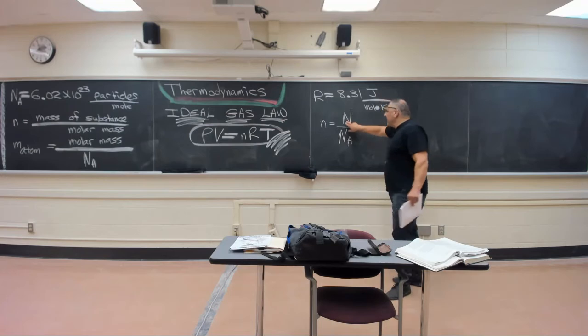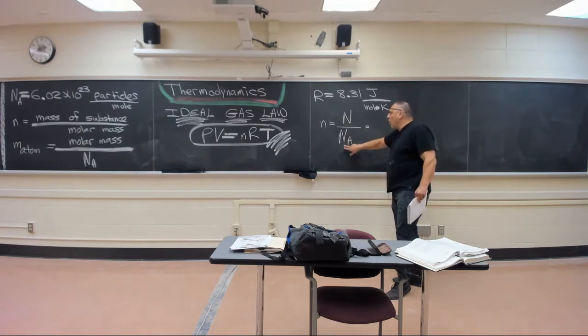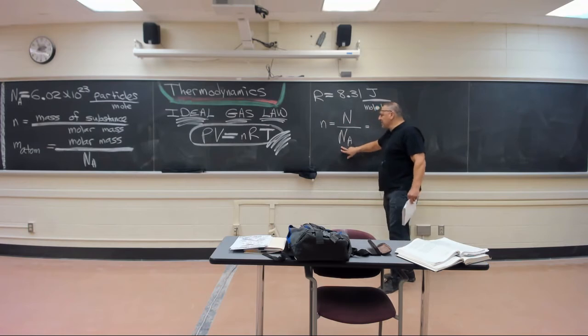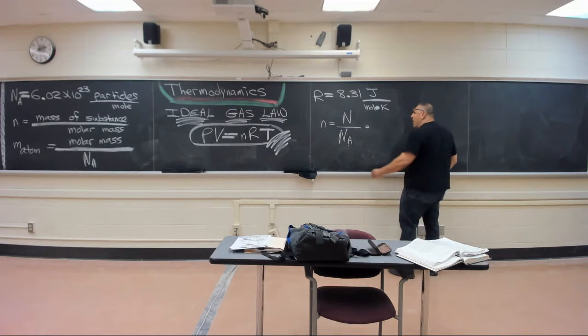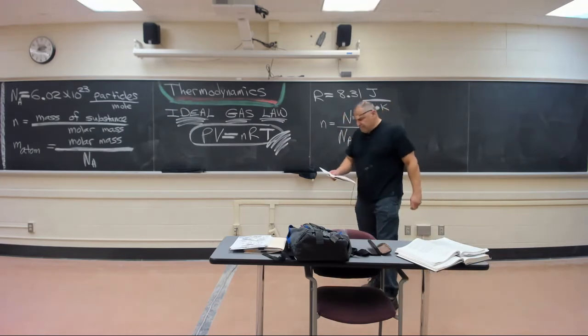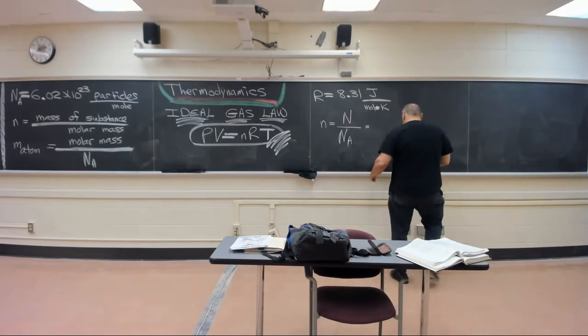What if the number is 10 times 6.02 times 10 to the 23rd, over 6.02 times 10 to the 23rd? Well, 10 times 6.02 times 10 to the 23rd is 60.2 times 10 to the 23rd. When you divide them, the 10 to the 23rd cancels out, and it's 10 over 1. 10 moles. That's all it's saying. So that's the number of moles.